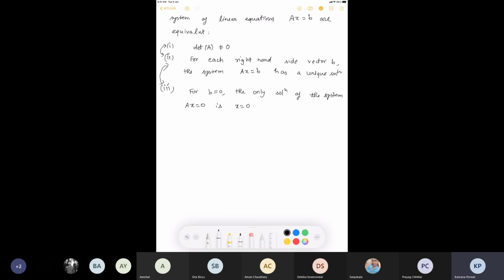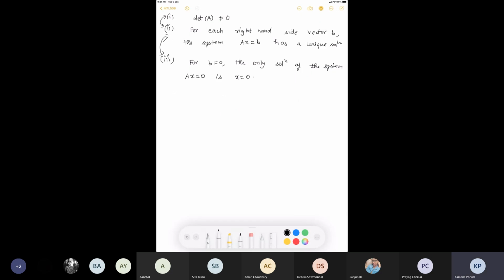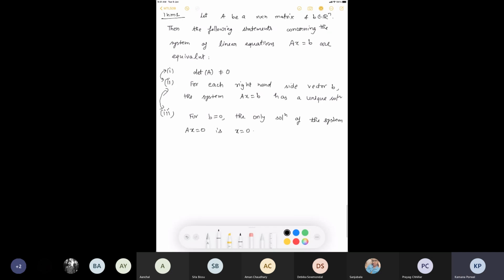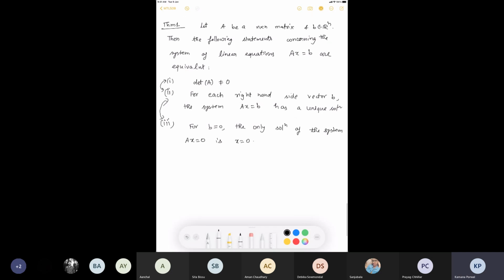To realize how the determinant will be non-zero when you have a unique solution of Ax is equal to 0, I'm not going to write down the proof here. You can realize it by the concepts which you have learned in linear algebra.